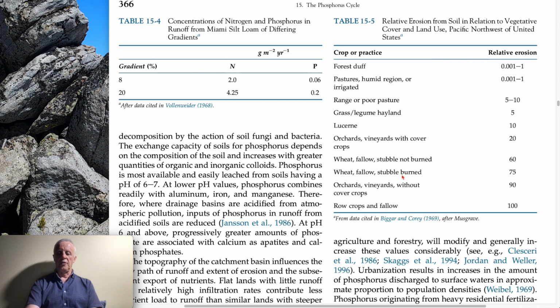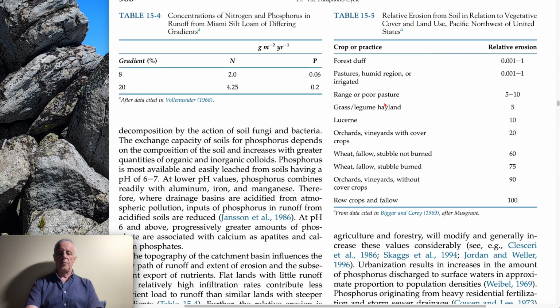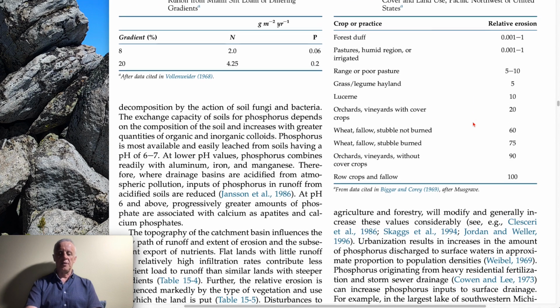Where the stubble is burned, we have higher erosion than when it's not burned. On the other end of the spectrum, forest, sod, pastures in humid regions, or irrigated, relative erosion is pretty low. And then we have a range, like a cattle range, let's say, or poor pasture, at 5 to 10 in terms of relative erosion.